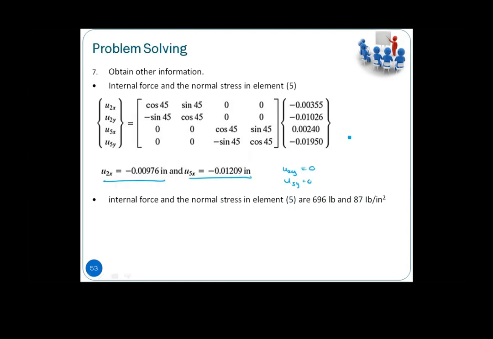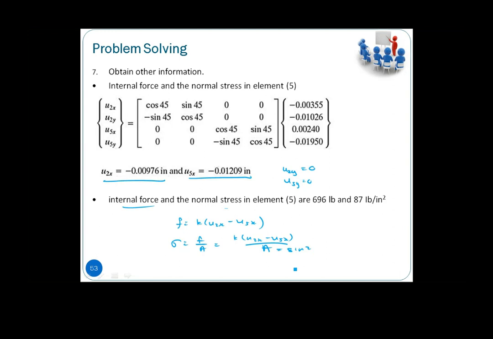If you have this, then we can find our internal force. To find the internal force, we have K times (U2x minus U5x). If you want to find the stress, then stress equals F over A, so we have K (U2x minus U5x) divided by the whole A itself, which is 8 squared.